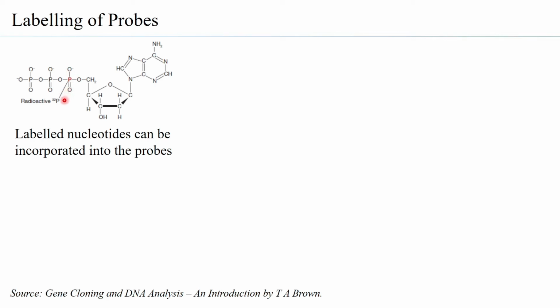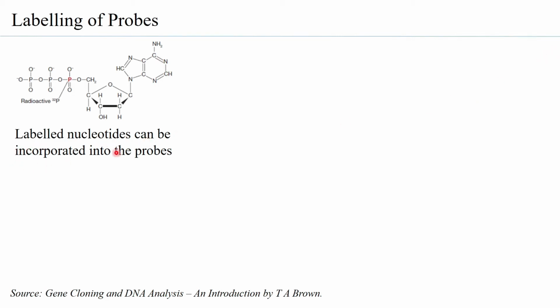So one uses, instead of normal phosphorus, which is P31, one uses P32. And it is ascertained that at least the alpha phosphate is labeled, because this alpha phosphate is going to be in a phosphodiester bond with the next nucleotide. So thereby, when you have several nucleotides present, the phosphates of each of these in the phosphodiester bond are labeled.